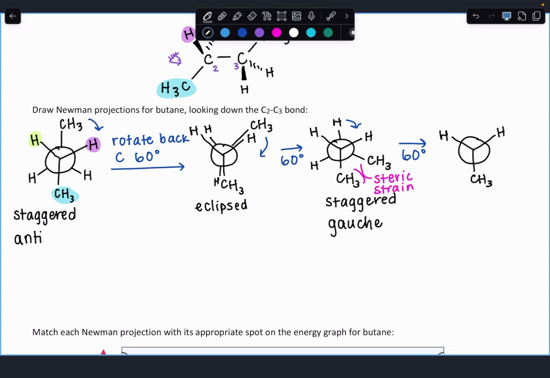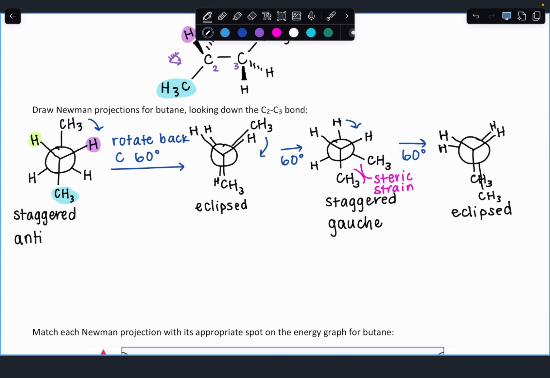I've got the front carbon the same, rotating the back carbon 60 degrees. That overlaps now the two CH3 groups. So again, this is eclipsed. We don't have a word for it, but this is higher energy than the other eclipsed because we have the two large groups overlapping.